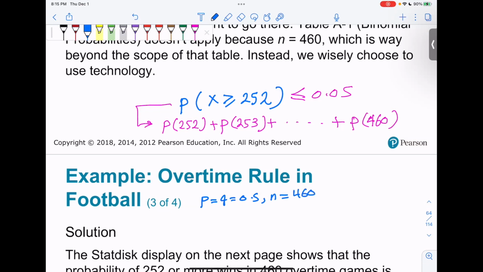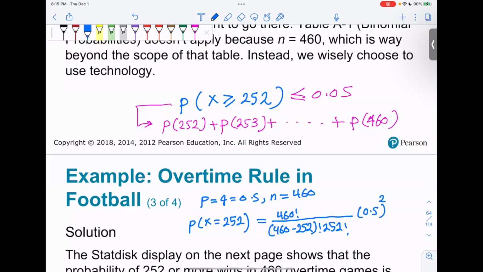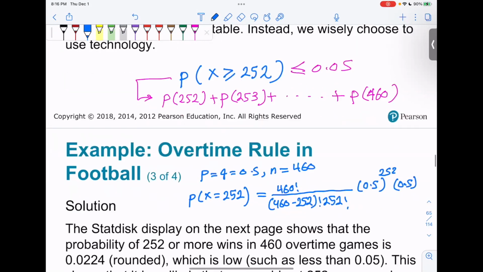So for the first one, if x equals 252, it will be 460 factorial divided by (460 minus 252) factorial times 252 factorial, times 0.5 to the power 252, and then this times 0.5 to the power 460 minus 252.